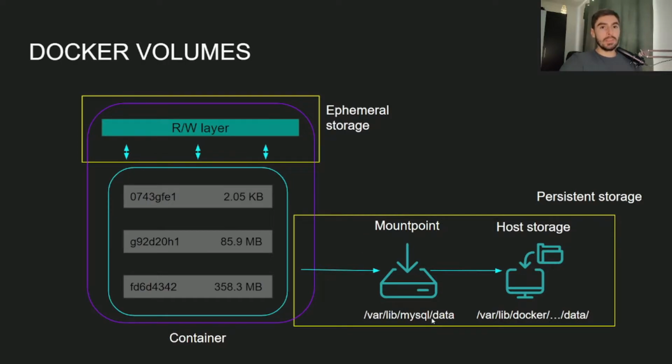So when you are inside of the container and you're writing something in var/lib/mysql/data, you're actually writing the data on the host in this path, in var/lib/docker/.../data. So it's basically not writing directly in the container, you're writing through the container directly on the host.